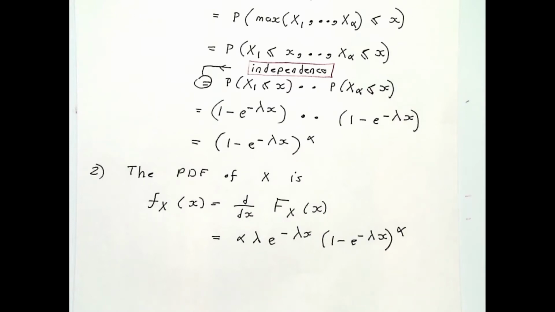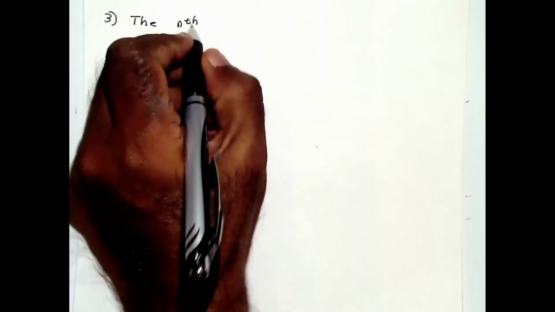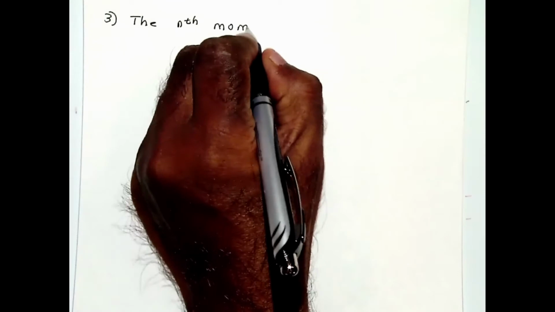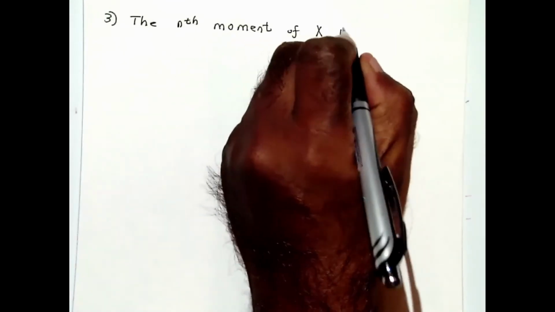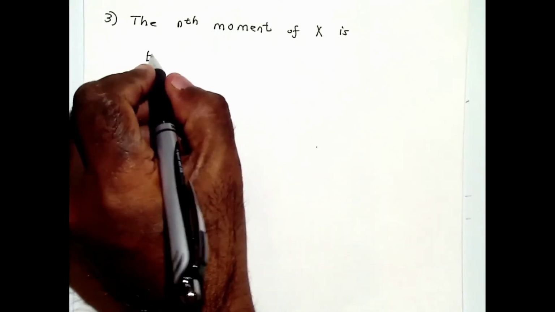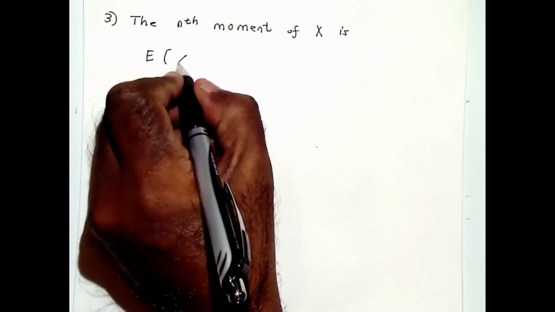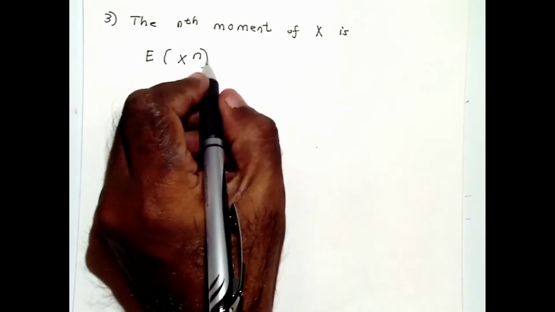Part 3 is to find the nth moment of X. So let me go to a fresh page before I do that. All right, so here we have part 3. We want to find the nth moment of X. Remember, the nth moment is simply the expected value of X raised to the power n.